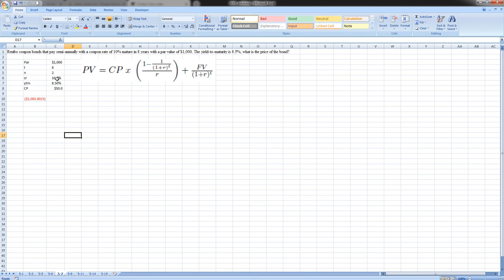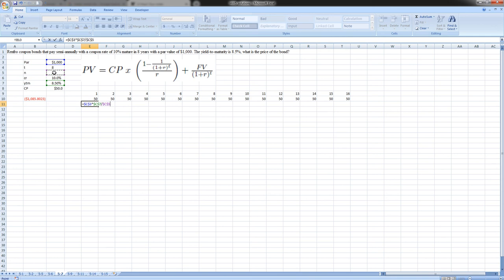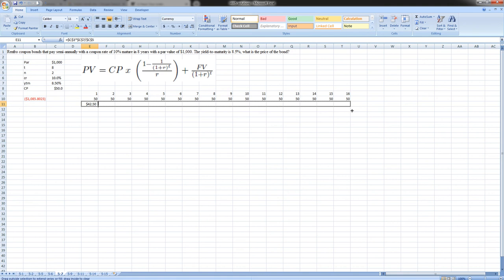The reason why it costs more is our bond every 6 months is paying $50. So if we set up 16 cash flows, versus the market that pays $42.50, so the market bond pays $42.50, our bond pays $50.